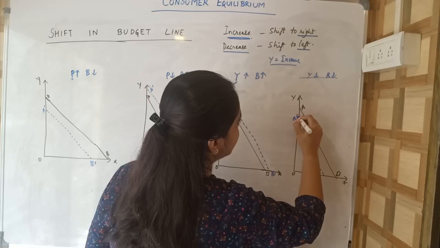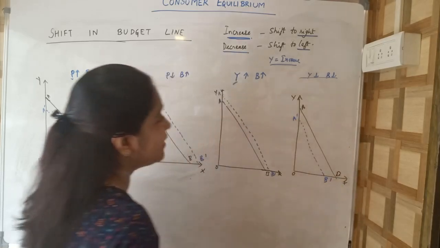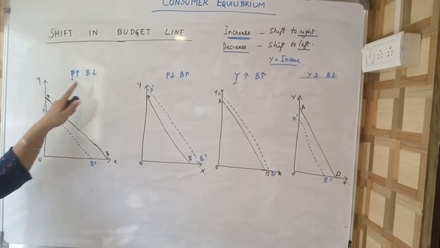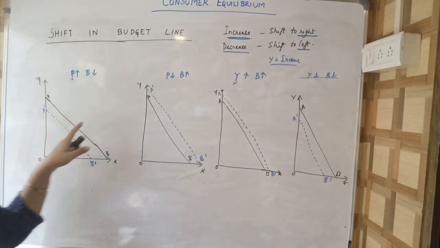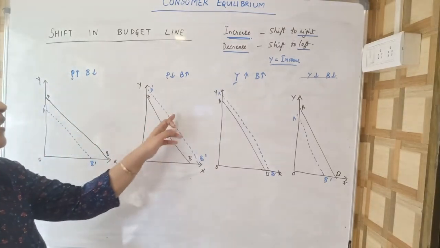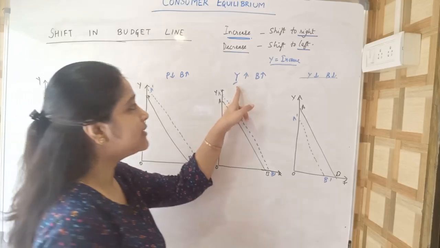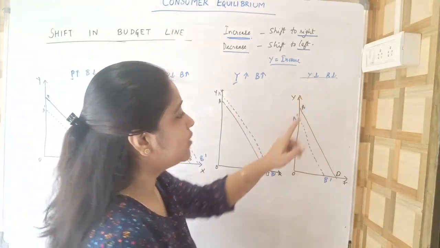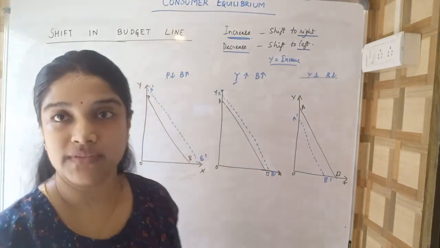So this is A dash, B dash. So we have four situations. In case of shift of budget line, for example, if the price increases, budget line decreases to the left. If the price falls, budget line increases to the right hand side. If the income increases, then budget line increases to the right hand side. And if the income falls, budget line decreases to the left hand side.